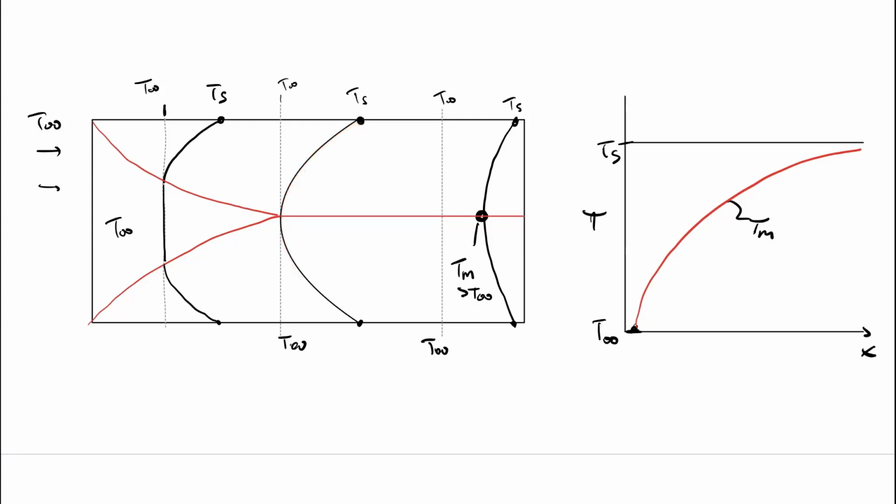As you move, unlike the momentum boundary layer, which stops changing after the fully developed point, the temperature profile can continue to change. And it can do it in basically one of two ways. So let's say in this case we have constant surface temperature.